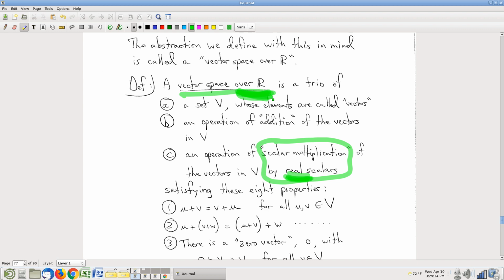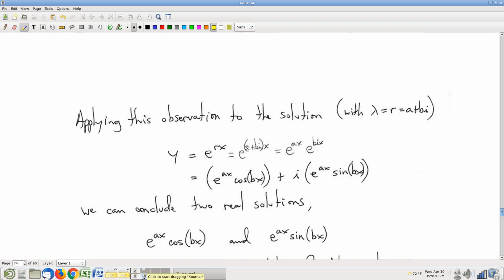We multiplied by non-real scalars. The first one is here in chapter 4 when we were looking at solutions to differential equations. Remember we had this deal where we have these complex valued functions that come from complex roots of the characteristic polynomial. And we took these functions, we rewrote them like this.